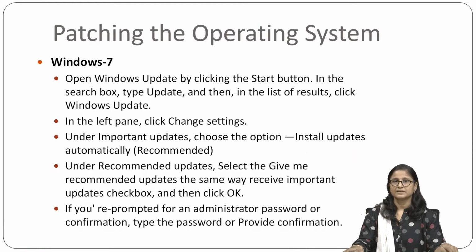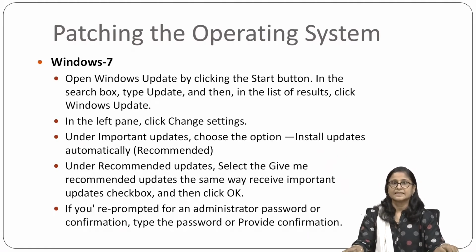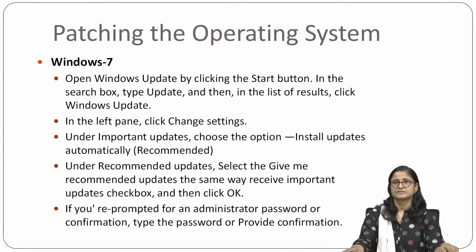In the left pane, click Change Settings. Under Important Updates, choose the option Install updates automatically, recommended. Under Recommended Updates, select the checkbox Give me recommended updates the same way I receive important updates, and then click OK.